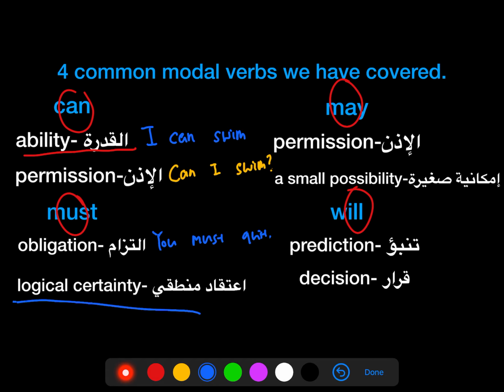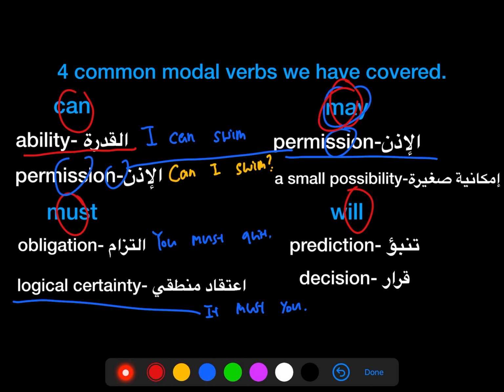Logical certainty. So it's like 100% true, like there's no doubt. It must be you. Stuff like that. What about permission? It's pretty much the same function as can, permission.